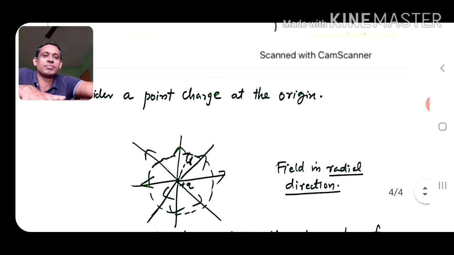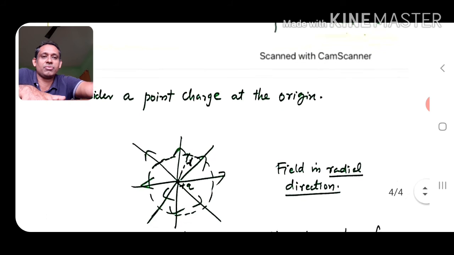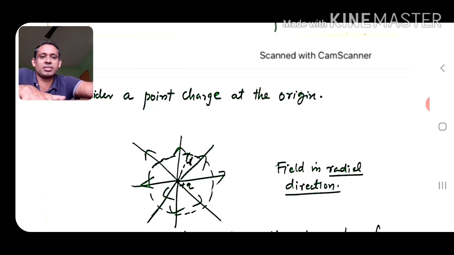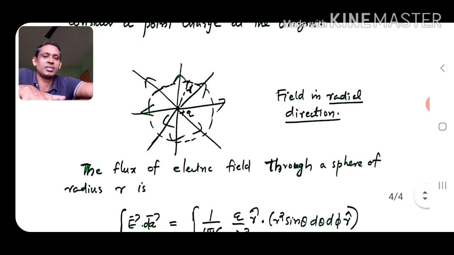Now consider the point charge at the origin. The field is in the radial direction, so the electric field lines are radial. We know how we represent the electric field around a point charge. Now we are calculating the flux of the electric field through a sphere of radius r.